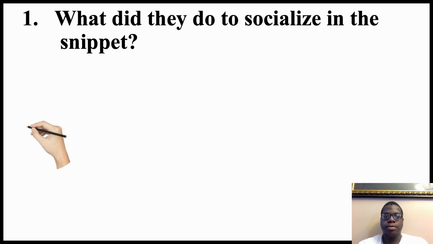Read the question. Question 1. What did they do to socialize in a snippet? Think back to the snippet. Two people looked like they were at work. Write the answer.